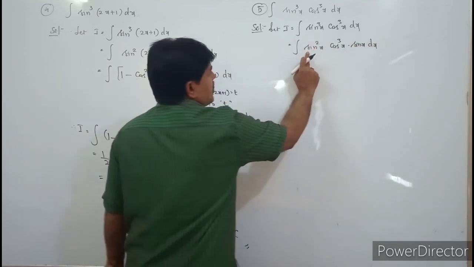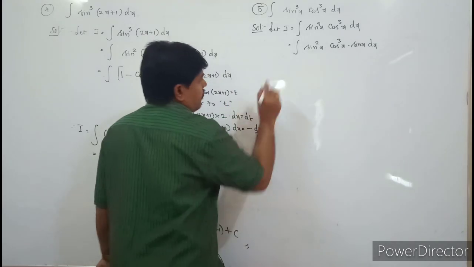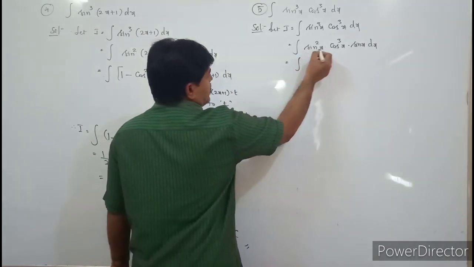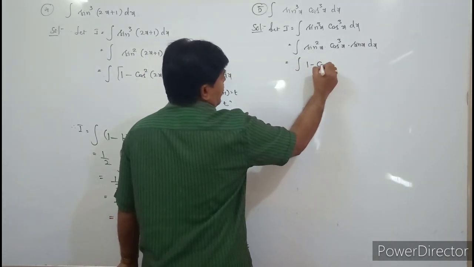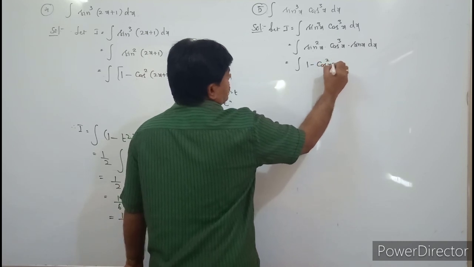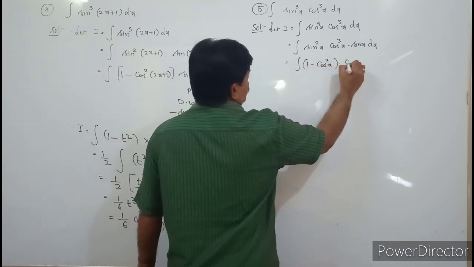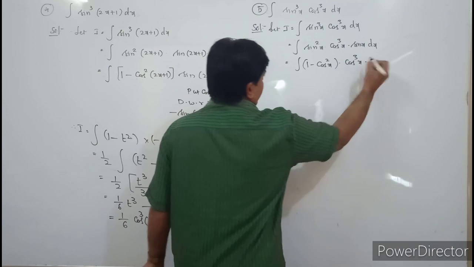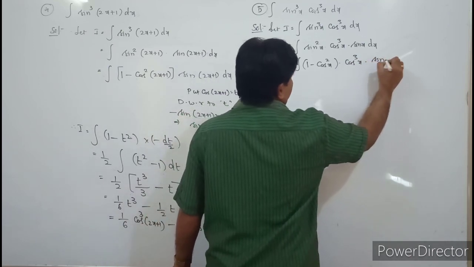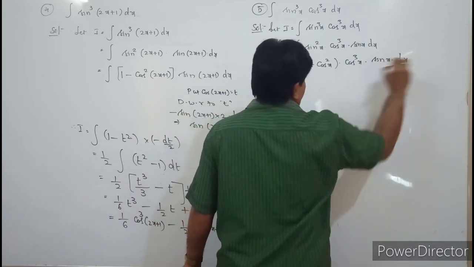So this sine cube x I have written as sine square x into sin x. So that is equal to integral of this sine square x, once again I will write as 1 minus cos square x into cos cube x into sin x into dx.